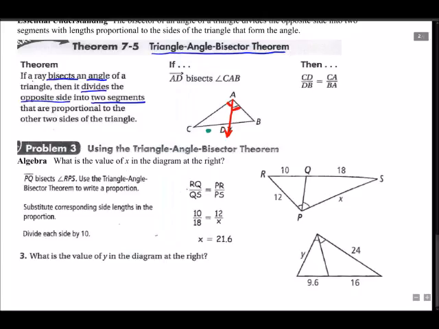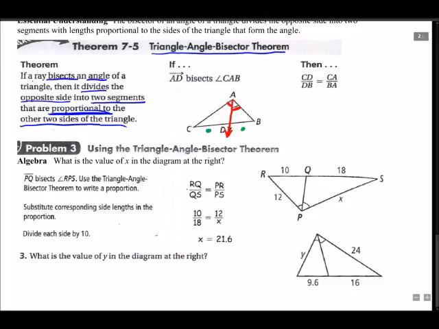So we've got this segment and this segment that are proportional to the other 2 sides of our triangle.